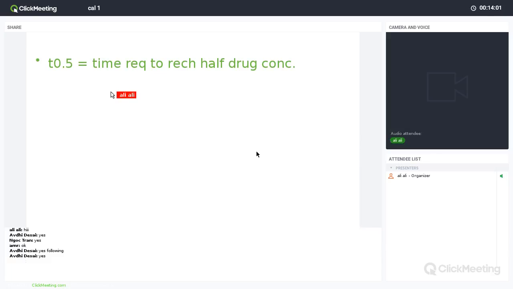Okay. So this is the half-life. This is a very important concept, a very important tool to solve the questions. We have here a major equation: T half equals 0.69 divided by K, which is the elimination rate constant.